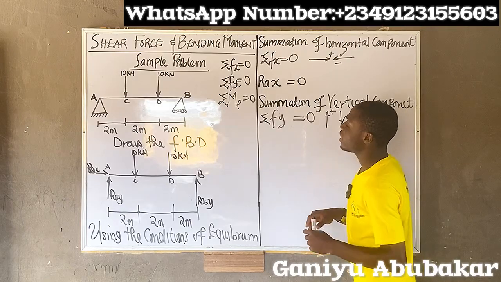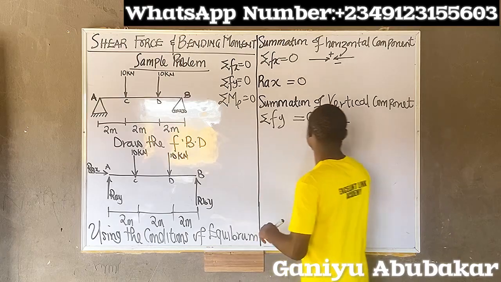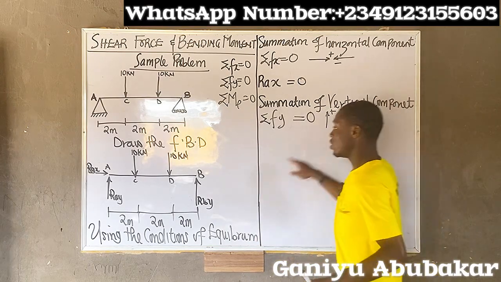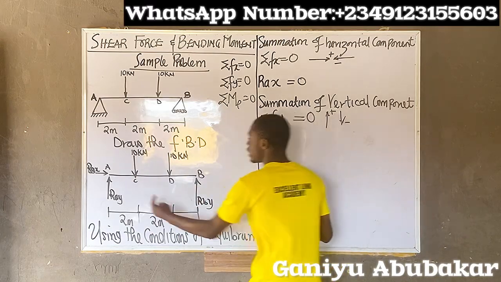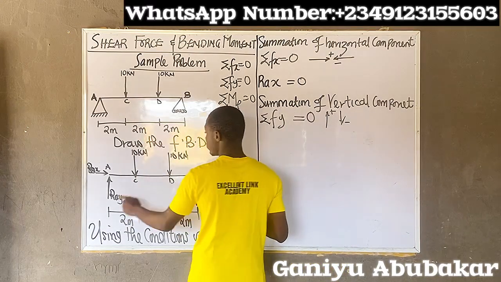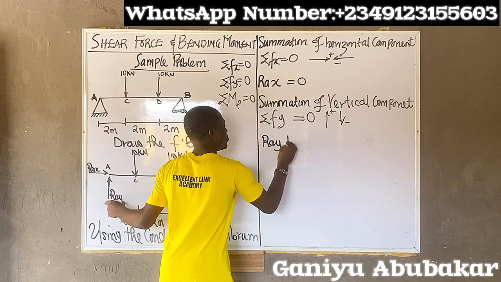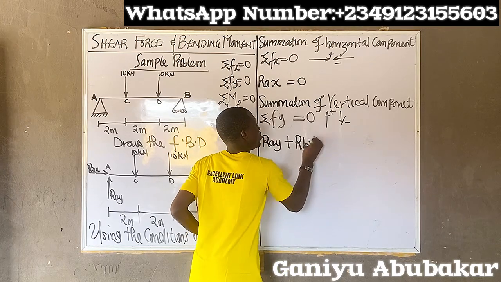In this case, let me check the forces in this system here. Which forces are acting vertically? There are 1, 2, 3, 4. They're just 4. Now put them together. This one going up is positive, that gives you RAY positive, plus this one goes up, plus RBY.